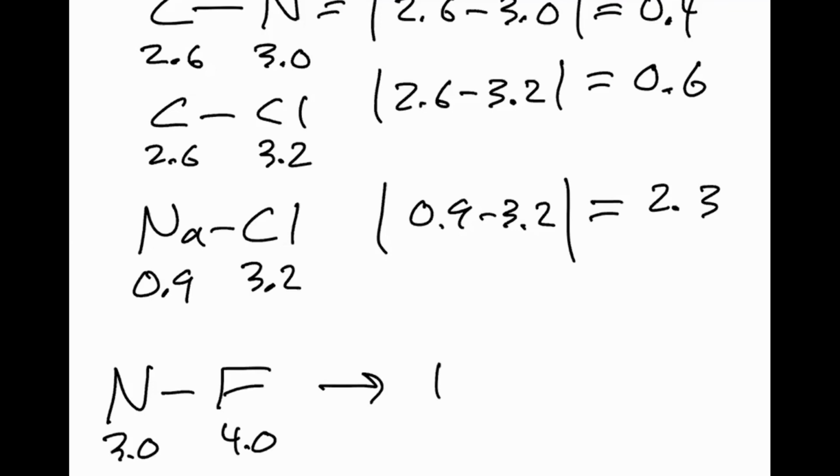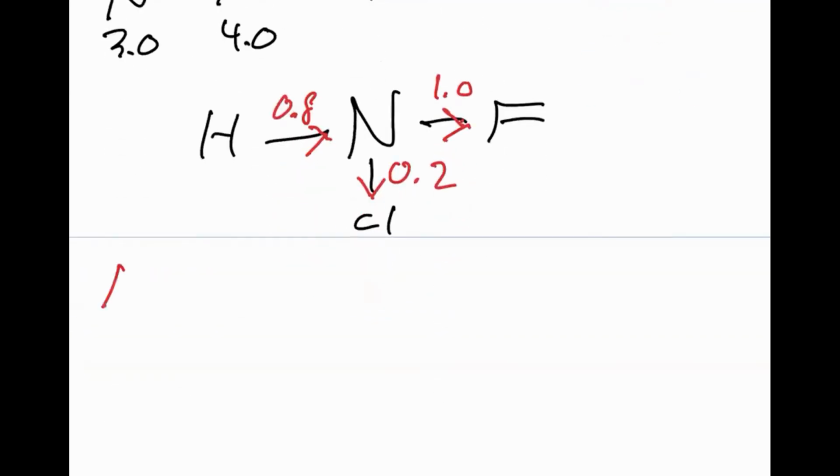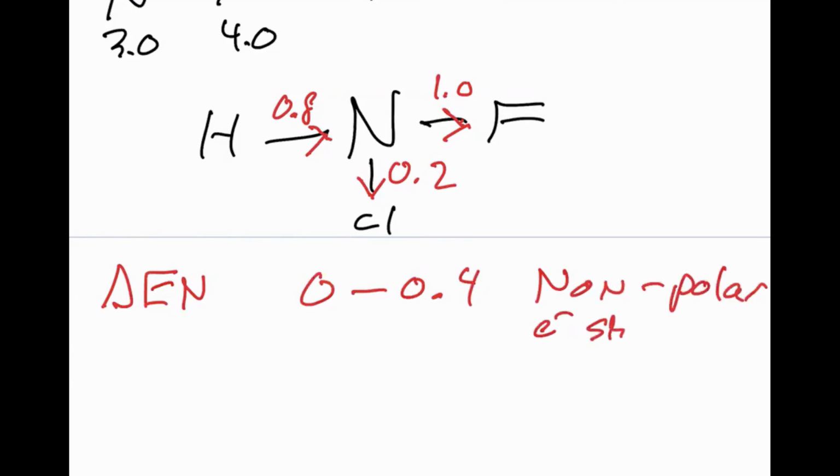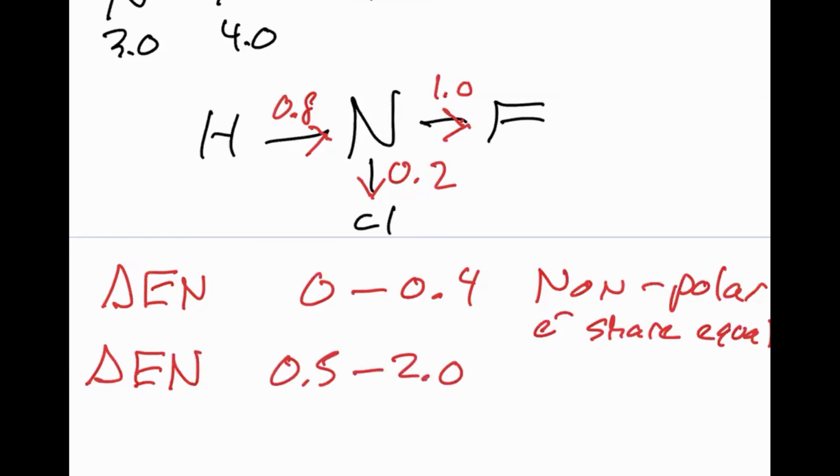If the delta electronegativity is 0 to 0.4, this is what we call nonpolar, and that means the electrons are shared equally. If the delta electronegativity is 0.5 to 2, then it's polar. Both of these, the nonpolar and the 0.5 to 2 polar covalent, are sharing electrons.